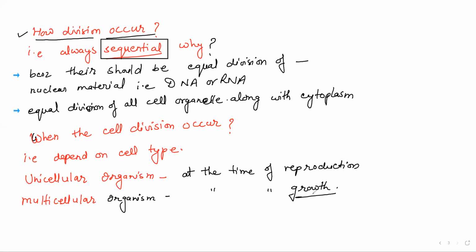In a multicellular organism, cell division is responsible for the growth. It can occur daily, or it can occur after some specific interval.